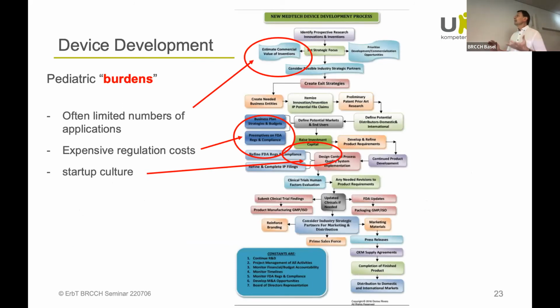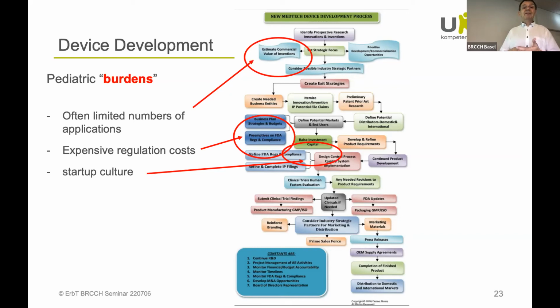Now, usually there are already a number of burdens when you want to develop a device, but there are some additional or exacerbated burdens when you want to come up with a pediatric device. You see, estimate the commercial value of interventions. Often we have only a limited number of applications.